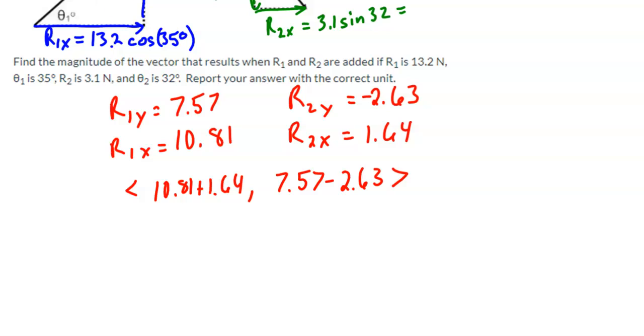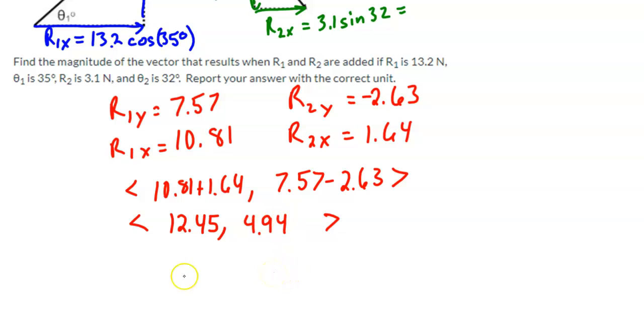All right, so here we go. Get my marker back here. All right, so x is going to be 12.45. And that's not a 7, by the way, just a bracket. And then 4.94.